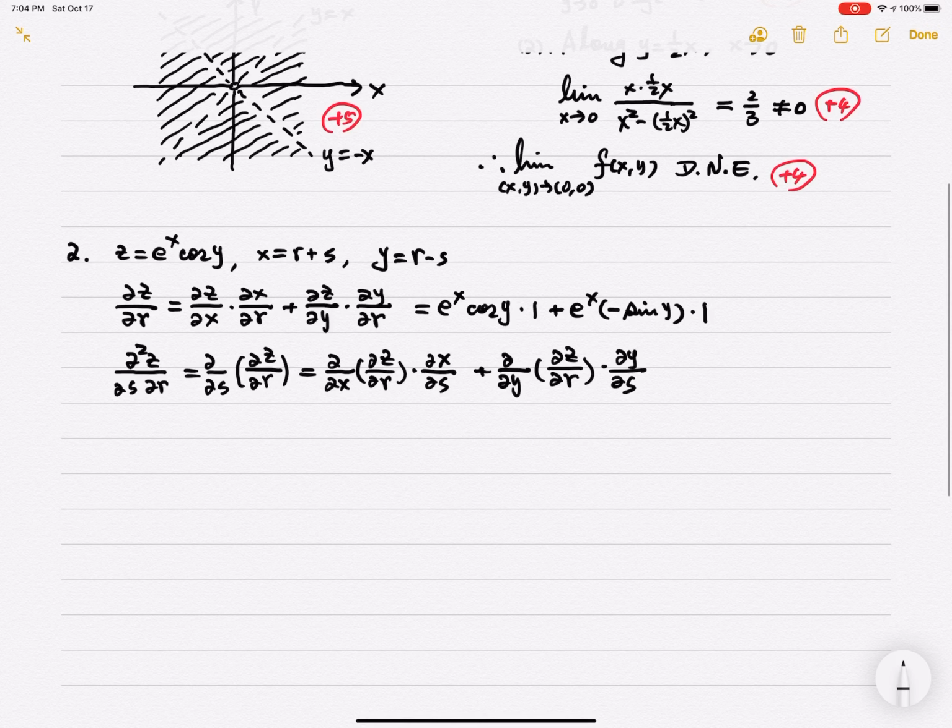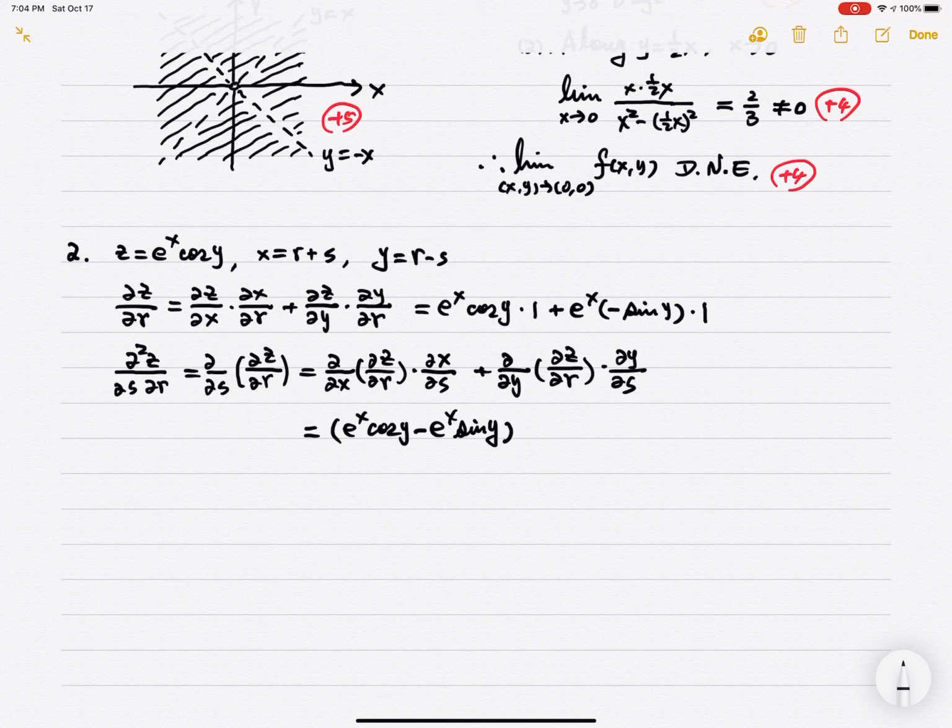That's the chain rule. We already calculated partial z, partial r. You calculate the derivative with respect to x. So this will equal e to x cosine y minus e to x sine y, because when we calculate the derivative with respect to x, nothing changed here.